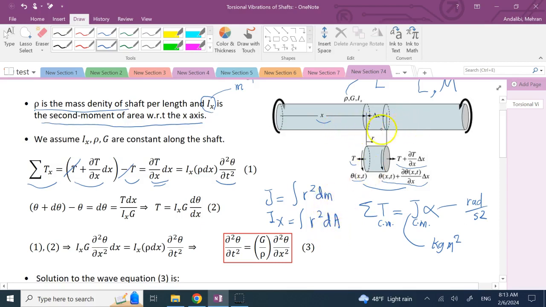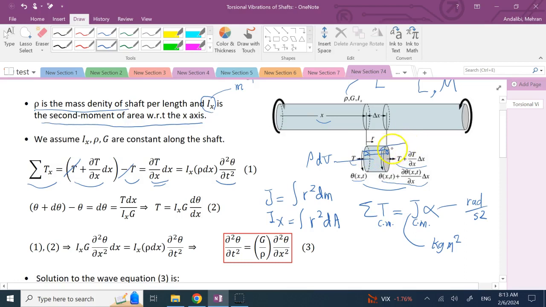Since it's a shaft with uniform diameter, dm can be written as the mass of a small element, rho times dV, where V is volume. The volume of an infinitesimal element on this shaft is dV.